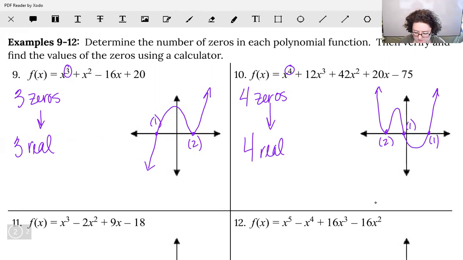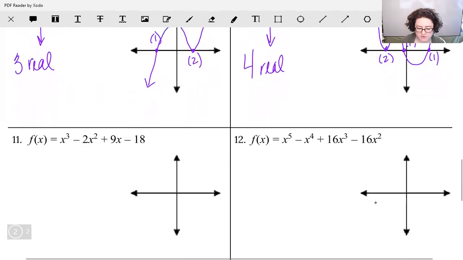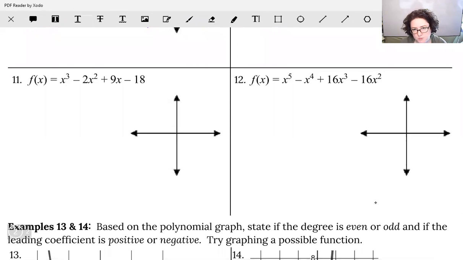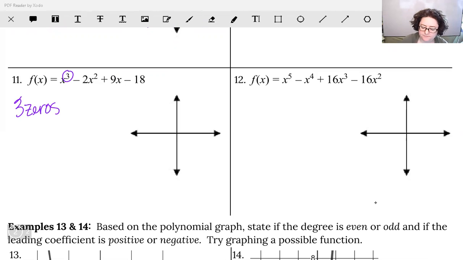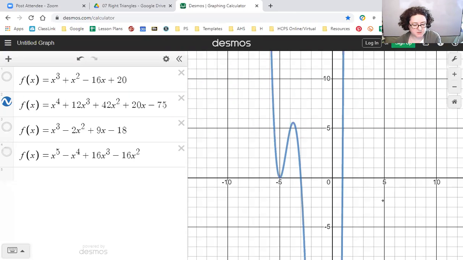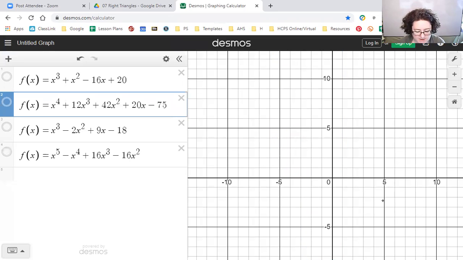Alrighty, so number 11 and number 12, again, we would expect highest degree equals our number of zeros. So we would expect to have 3 zeros. So let's see what happens when we graph it. Okay, so this is the third function I have on here, x cubed minus 2x squared plus 9x minus 18.